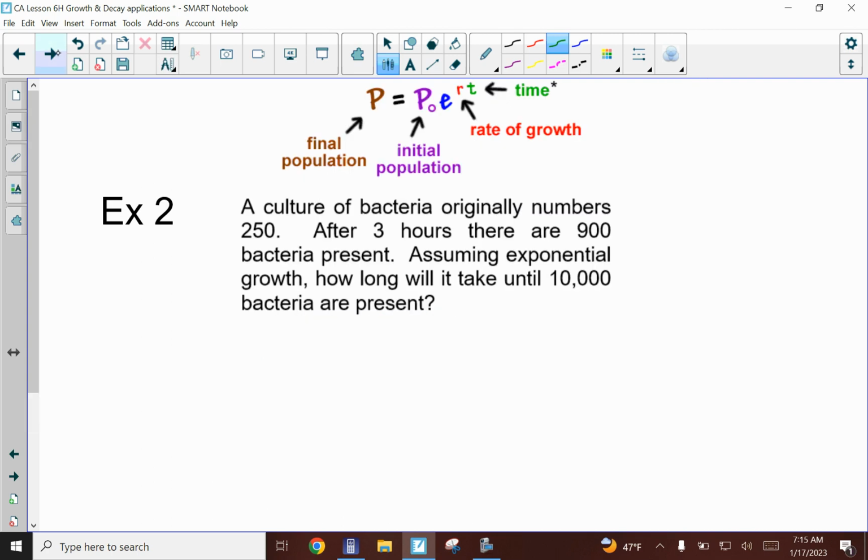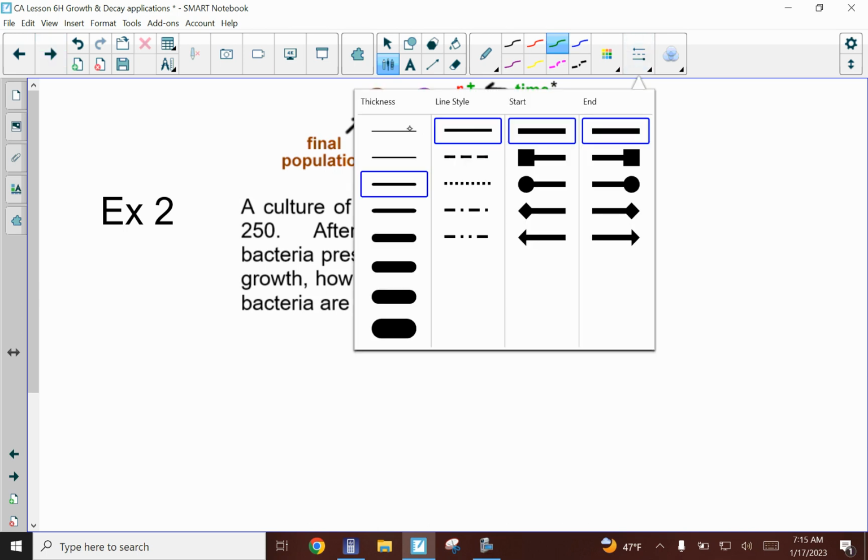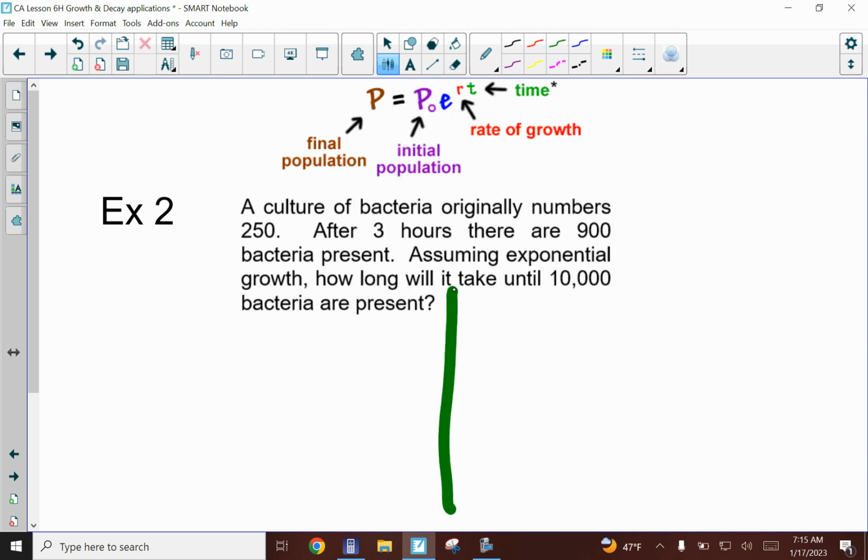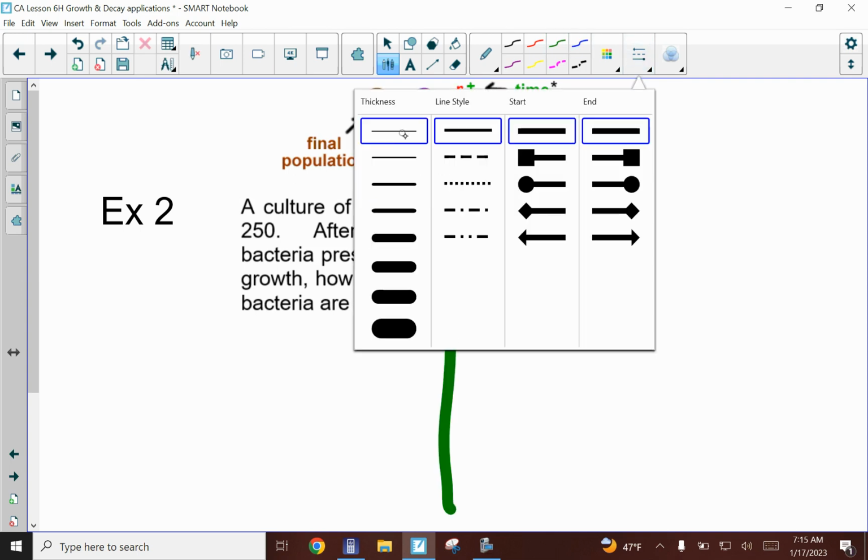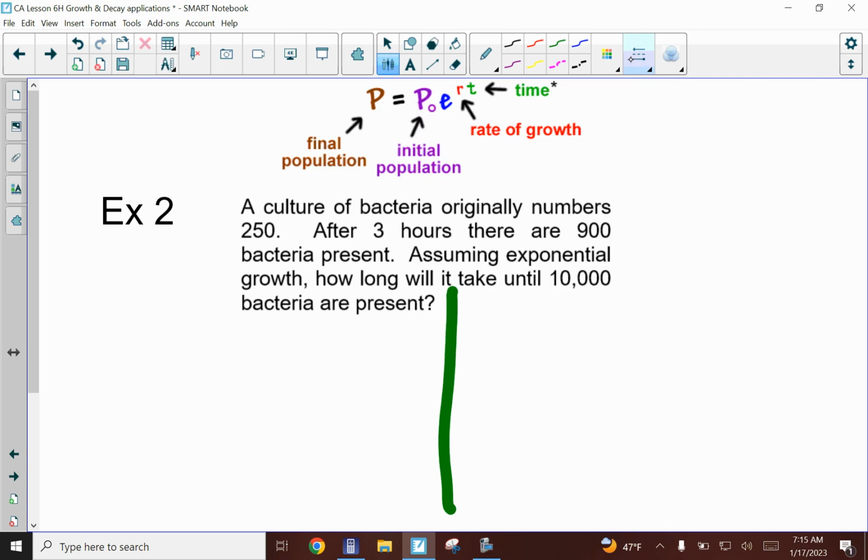Okay, the next one we're going to talk about is bacteria. P e to the RT is often used with bacterial growth. Now, the thing about these questions is that when we deal with bacteria, it's actually a two-step question. You're going to find that they hardly ever give you the rate. If you just scan the question, you can see that there is no rate.